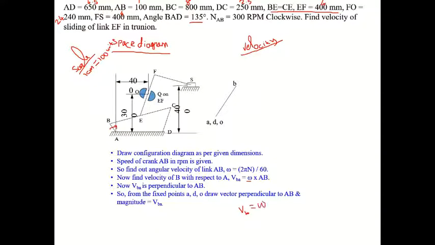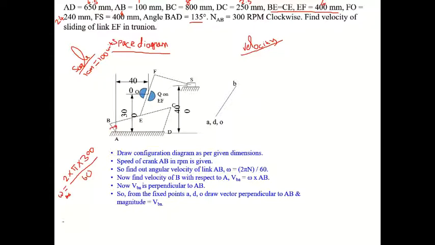So omega AB is equal to 2 into pi into N, N is 300 rpm, divided by 60.